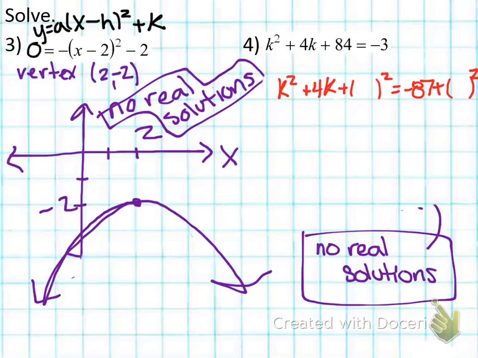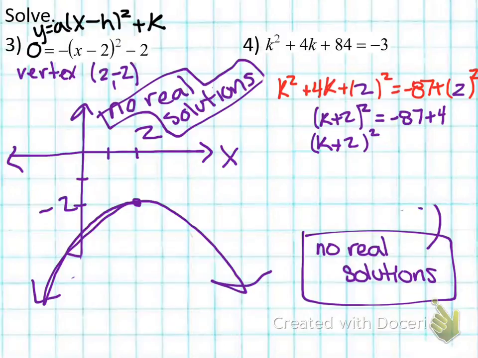I would take half of this here, so half of 4 is 2, and I'm adding 2 squared to both sides, so this drops down and it becomes just k plus 2 squared. And on the right, I get negative 87 plus 2 squared, which is just 4. Okay, this is then k plus 2 squared equals negative 83.